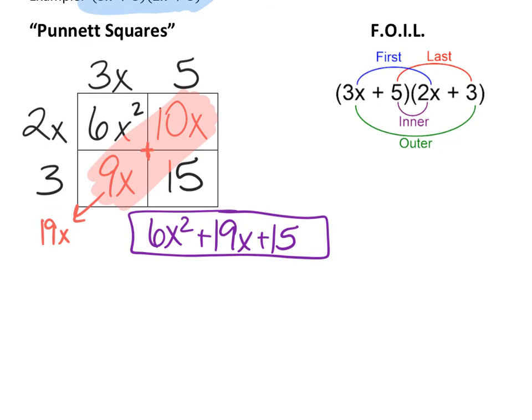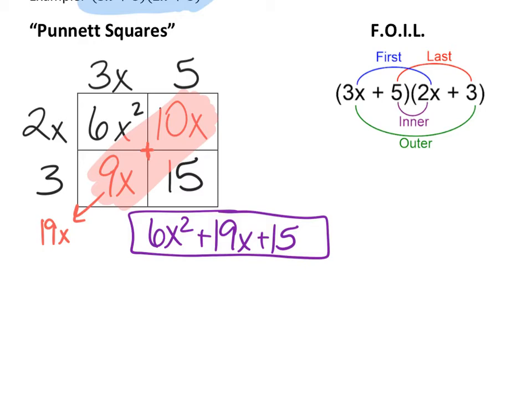I took the corner pieces and wrote them as a trinomial. And that's the product of these two binomials. It should get bigger. We're multiplying, so you should end up with more terms. You take the corner pieces and anything you've combined together, which is our diagonal.